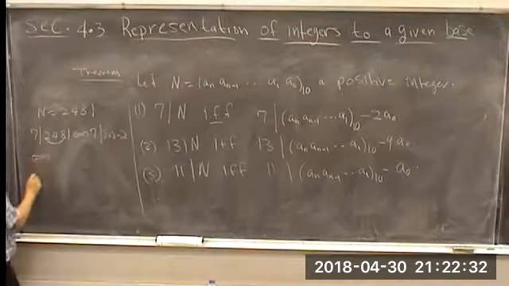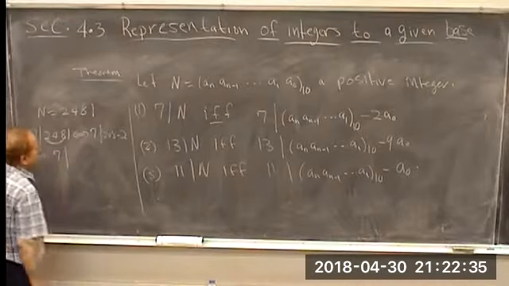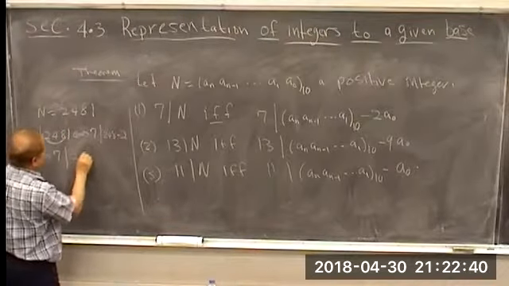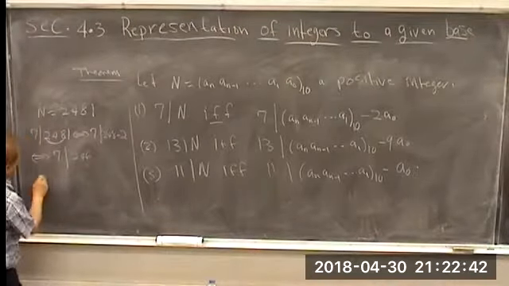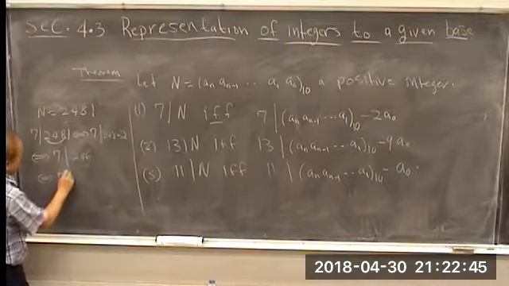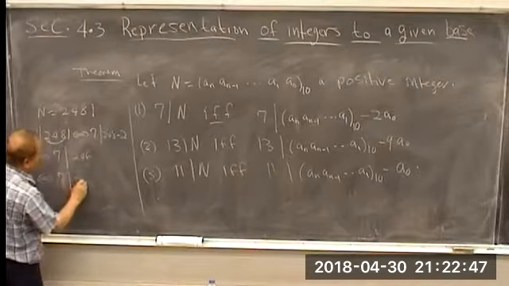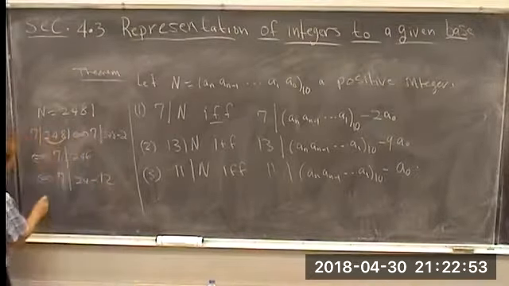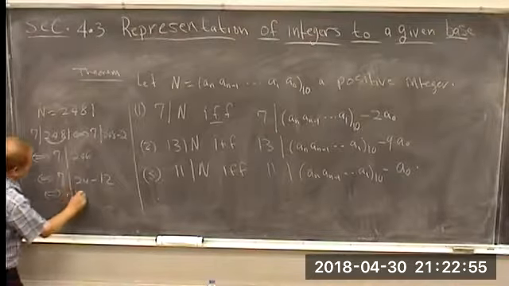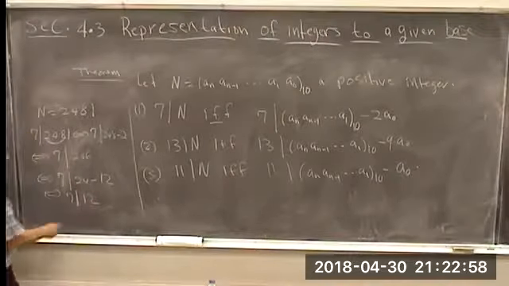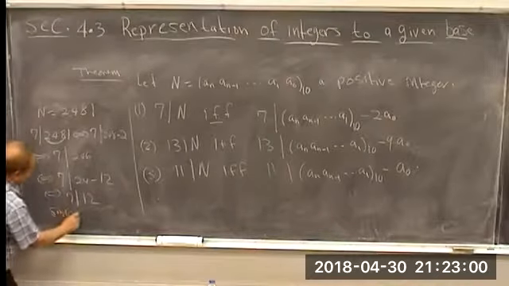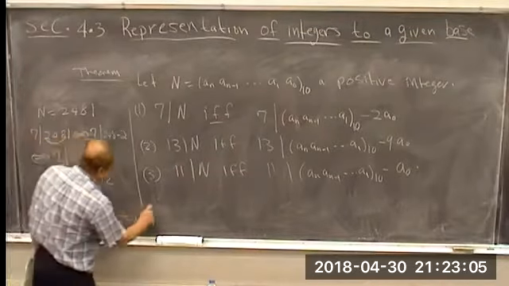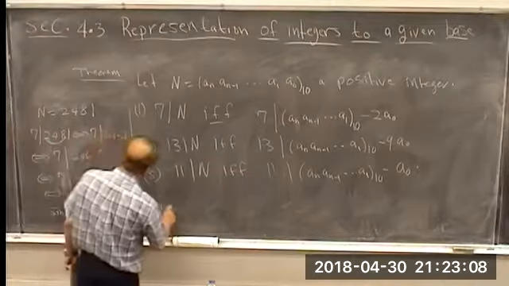And this is if and only if 7 divides 246, not very much. But now you can apply it again. So this is if and only if 7 divides 24 minus 2 times 6, which is 12. And this is if and only if 7 divides 12. And you know this doesn't work. So since 7 does not divide 12, 7 does not divide that big number, 2481.